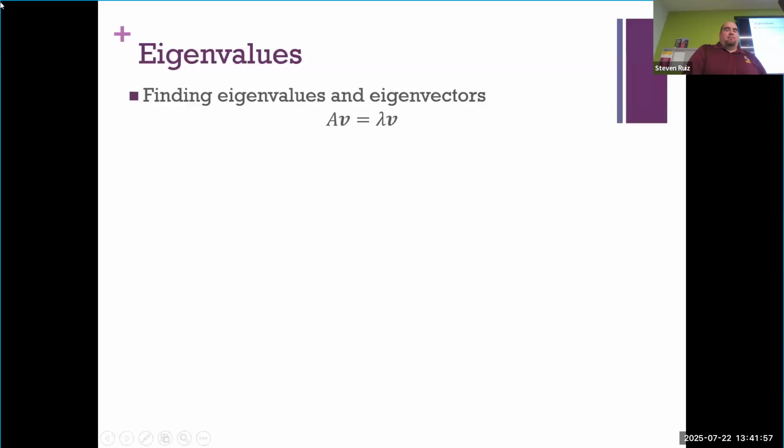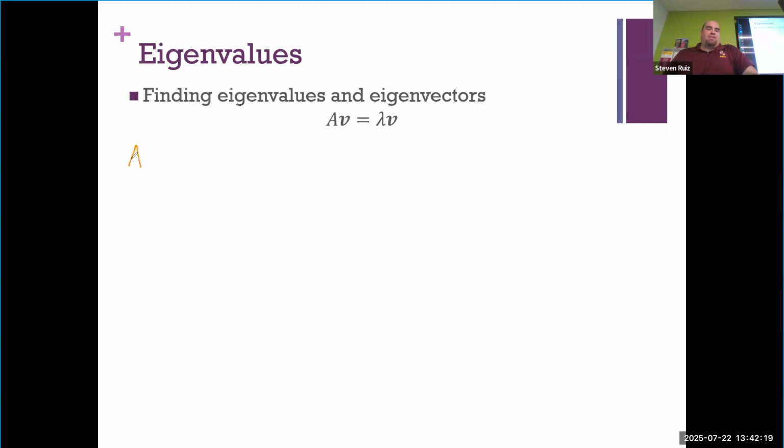Okay. So let me derive how we go about finding these things. Here's what I want. I want some matrix A, when I multiply it with some special vector V, to be equivalent to scaling that vector V by this constant lambda.